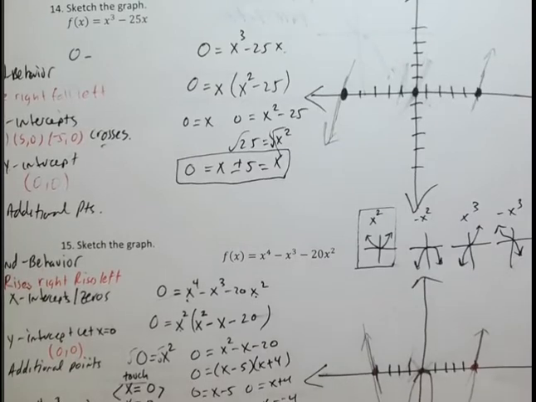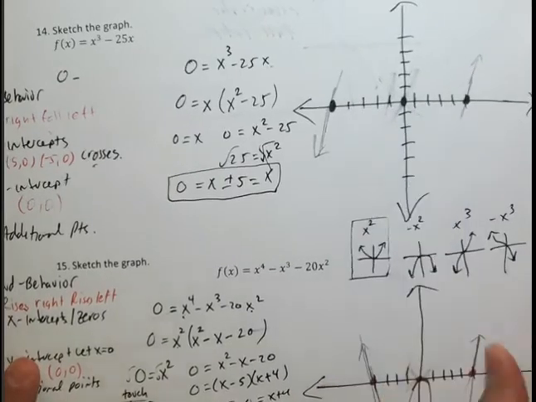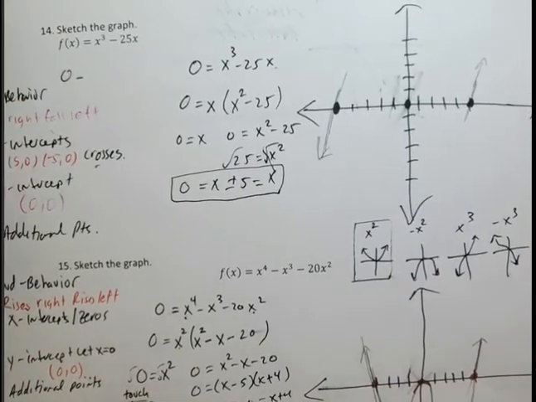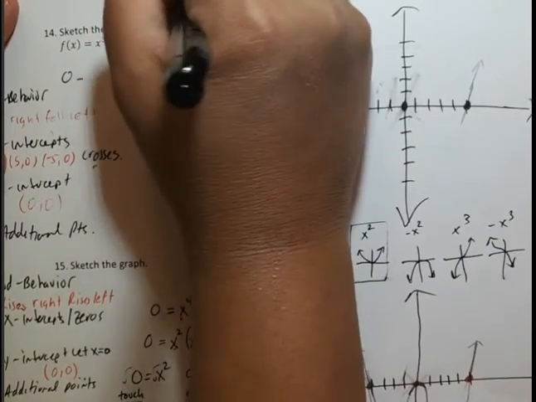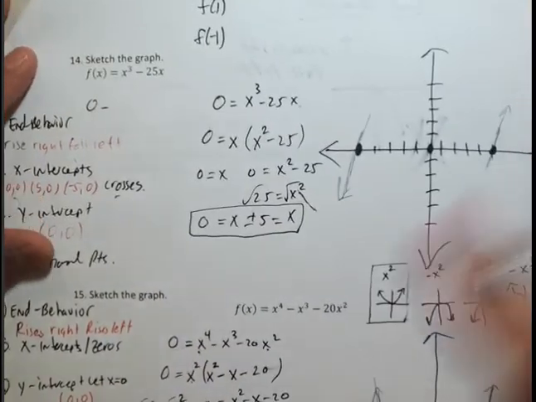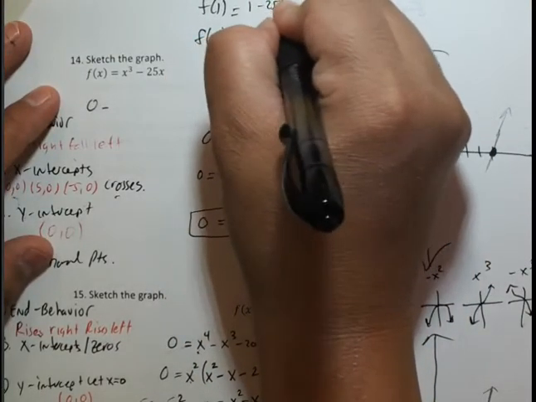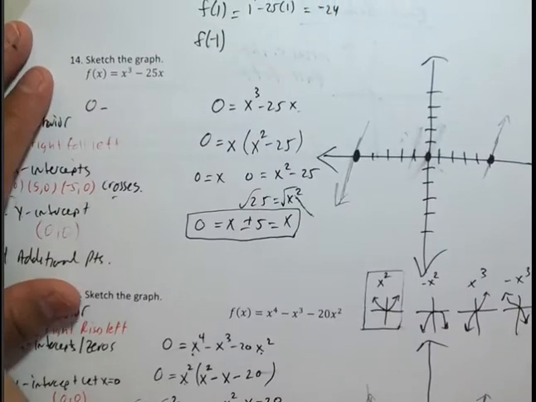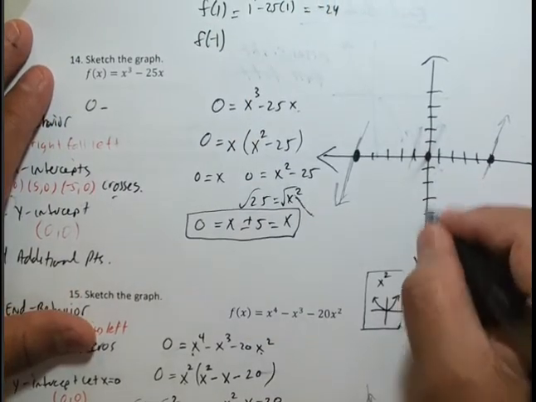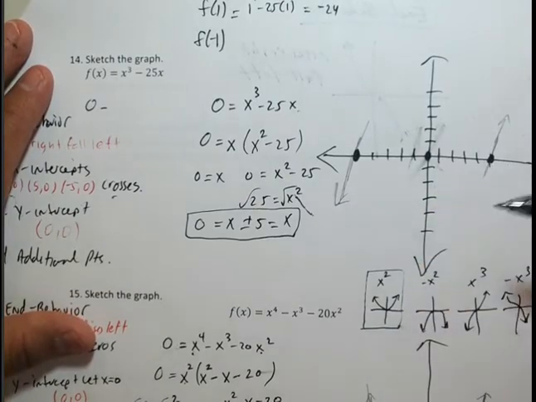Okay, so then we need to plot extra points. So you can get some from this side and some from here. So I'll put them up here. So if we plug in a 1, we get 1 cubed minus 25 times 1 equals negative 24. And again, it's going to be big numbers, so maybe we can do by 5s.